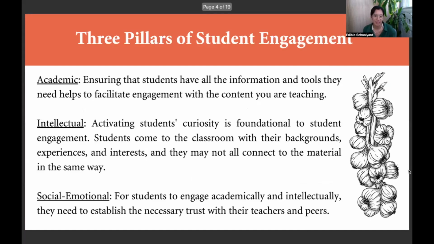Awesome. Great. Thank you, Russell. So just to review a little bit, I wanted to talk about the three pillars of student engagement. If you participated in our session, Student Engagement 101, we talked a lot about these different pillars and focused on each.